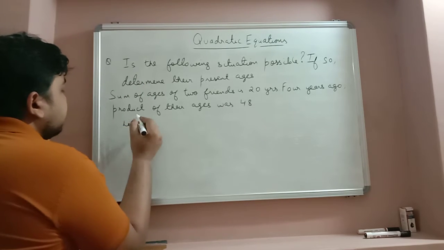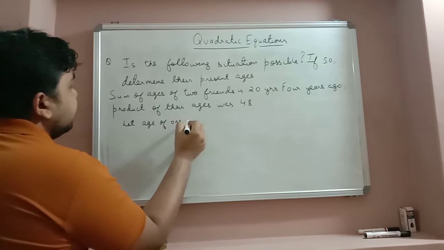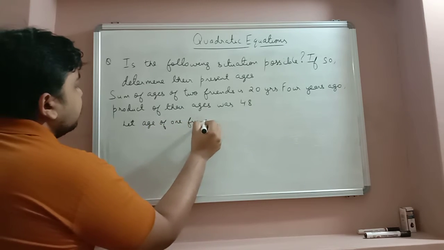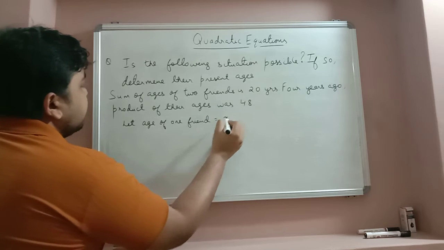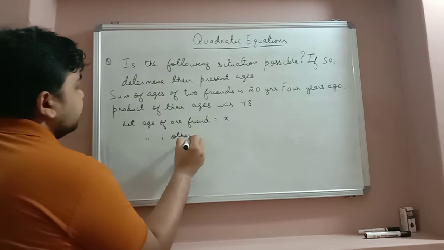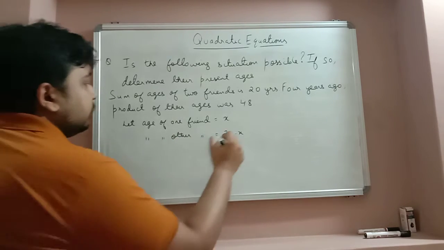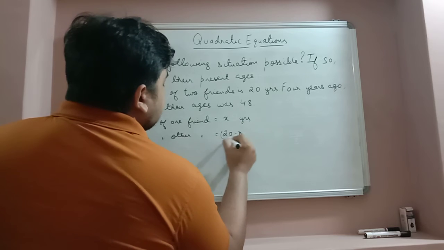Now let the age of one friend be equal to x years. And definitely the age of the other friend will come out to be 20 minus x years.